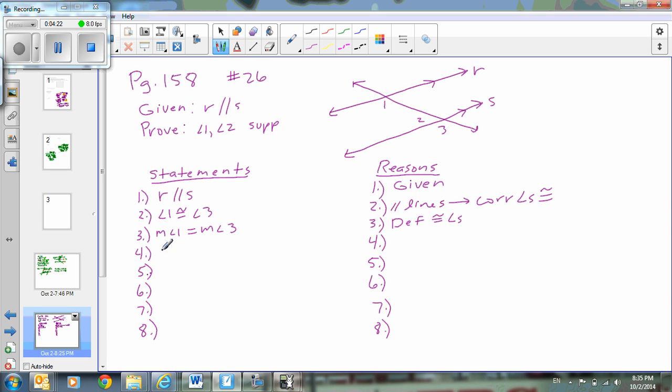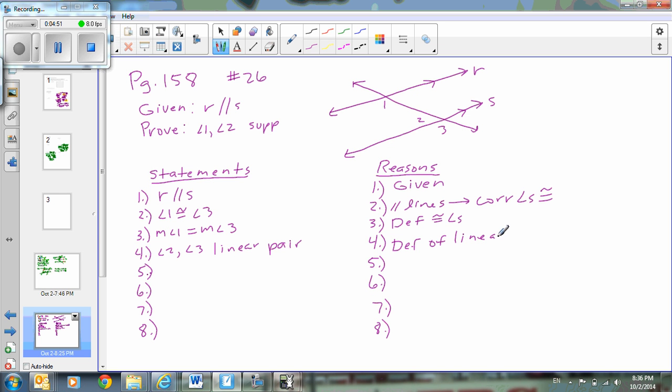So in step 4, we're going to say that angle 2 and angle 3 form a linear pair. Why can we say that? Why can we justify that? Because, take a look again, they're adjacent, their non-common sides form a straight line, so therefore they satisfy the definition of linear pair.